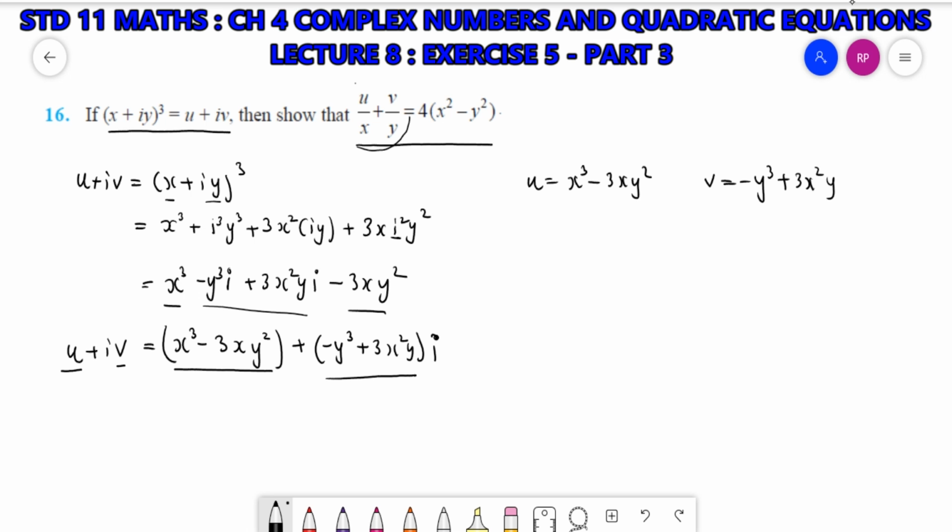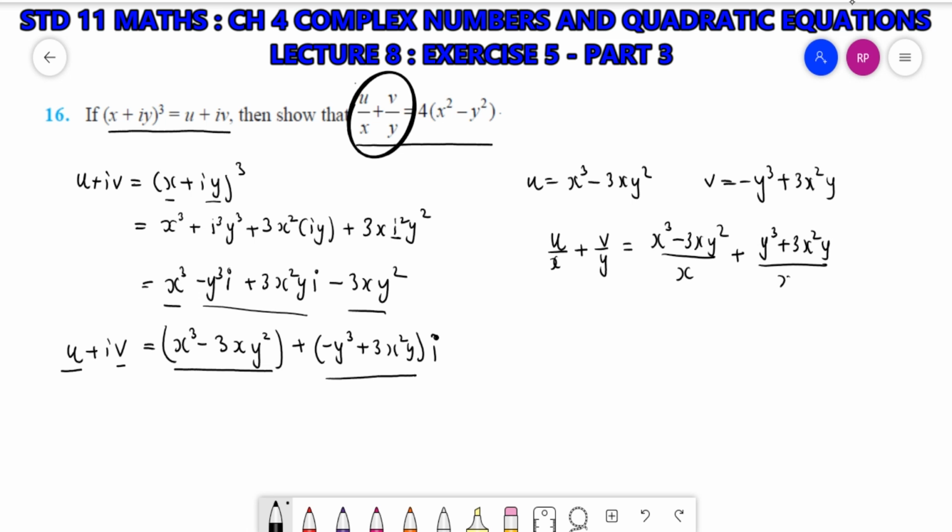Now let's take u by x plus v by y. This will be equal to (x cube minus 3xy square) by x plus (y cube plus 3x square y) by y. Wait, it's by y, not x.